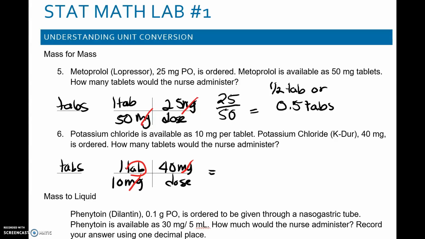Cross out your milligrams, we're left with tabs per dose. That's exactly what we're looking for. 40 divided by 10 equals 4 tabs.